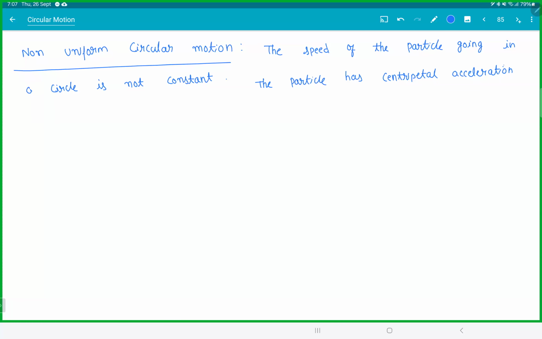The particle has centripetal acceleration, which is responsible for making it go in a circle. That is, this helps in changing direction. That is what we have seen in the beginning in uniform circular motion.